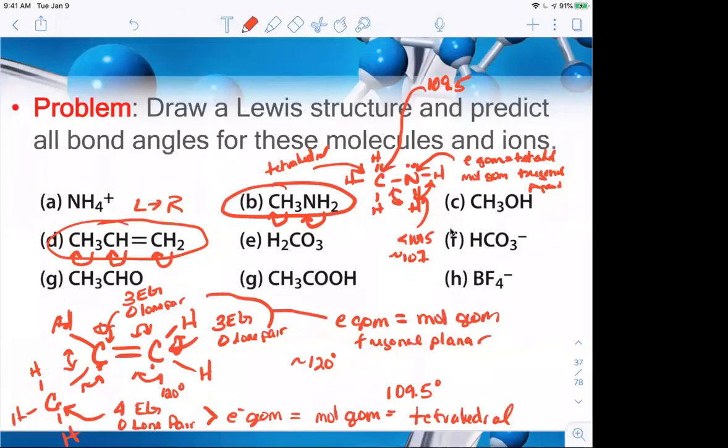So you do want to take notice of what's around each central atom in case you want to adjust your bond angle. Is it a little larger than ideal? Is it a little smaller than ideal?